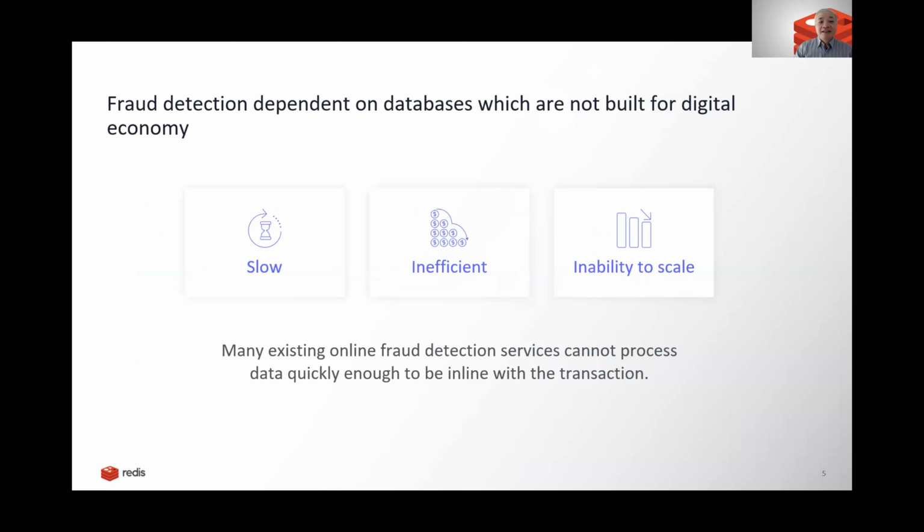So what is the challenge then? Is that if you're basing your fraud detection models and data on traditional or legacy databases, they really weren't built for what I'm calling the digital economy, right?